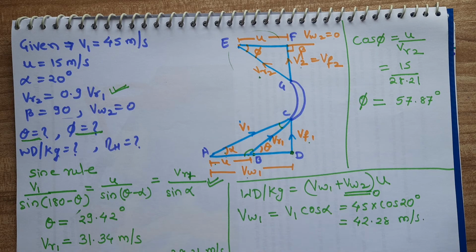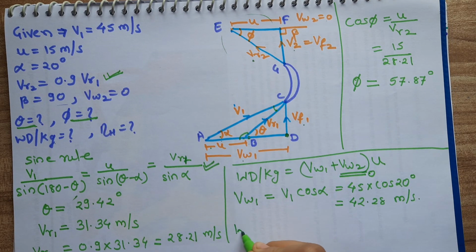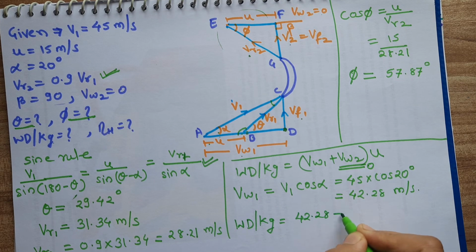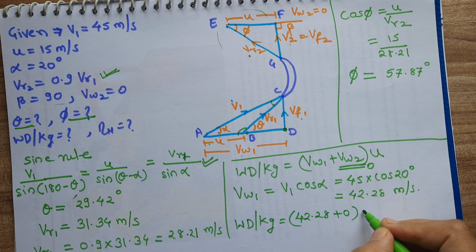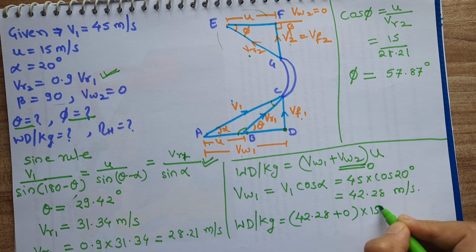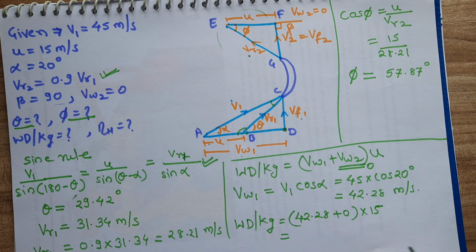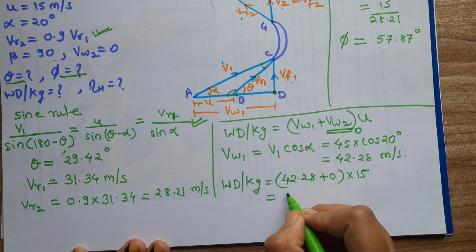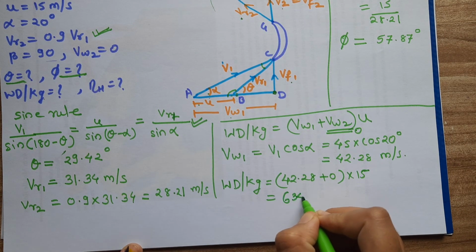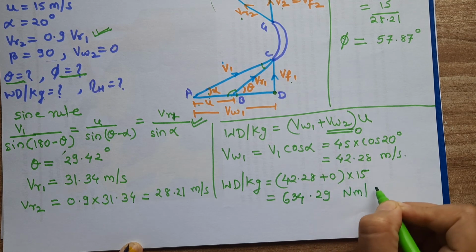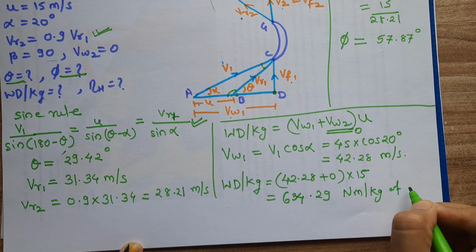Let's put this value in work done per kg and find the value. So 42.28 plus 0 into U is 15, and we will get its value as 634.29 Newton meter per kg of water.